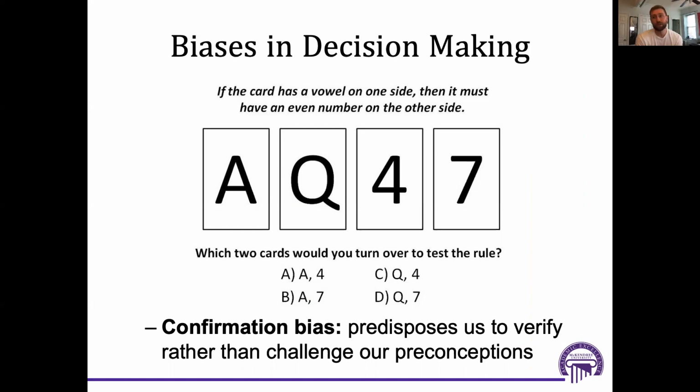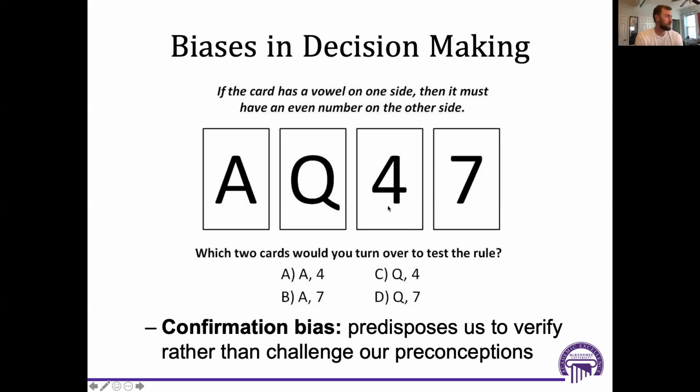But here's why you shouldn't have chosen A. If you flip over the A, it can actually tell us something, right? If we flip over the A and we see a 9, then this violates that rule, and we can say, no, this is not correct. So the A here seems to be correct.